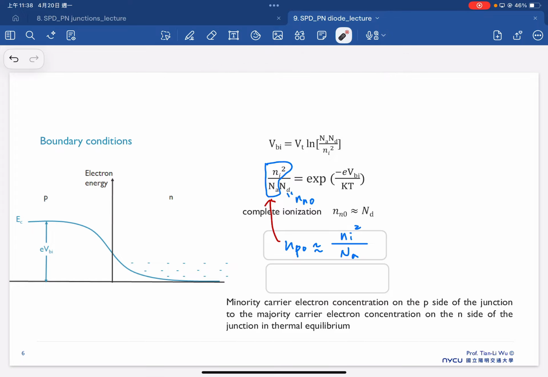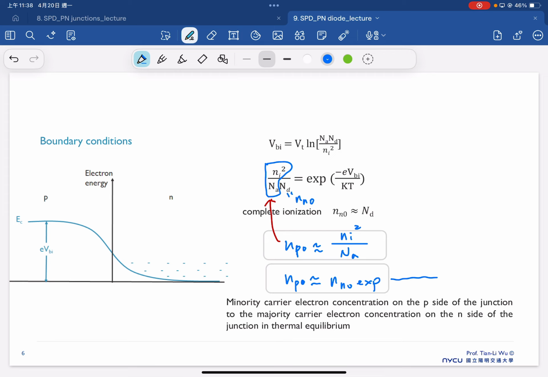Therefore NP0 can be estimated as N0 exponential of minus VBI over KT.